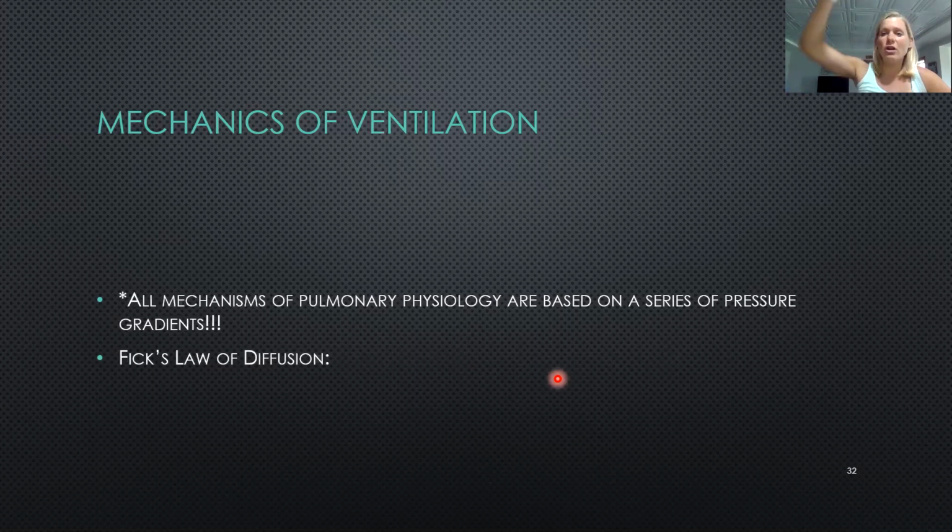If the pressure in the outside world is 100 and the pressure inside my lungs is 50, the air wants to move so that it reaches equilibrium, okay? So I would tend to want to get air in order to balance out this difference of 50 and 100, okay?